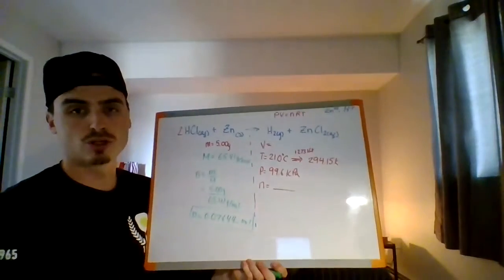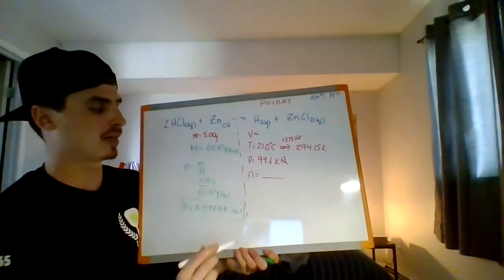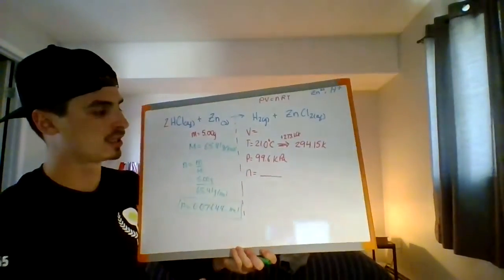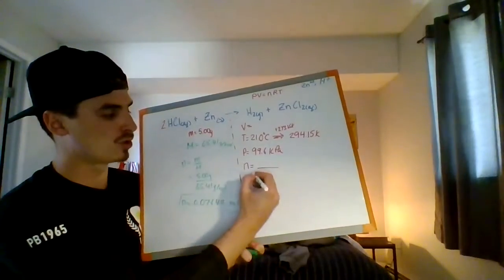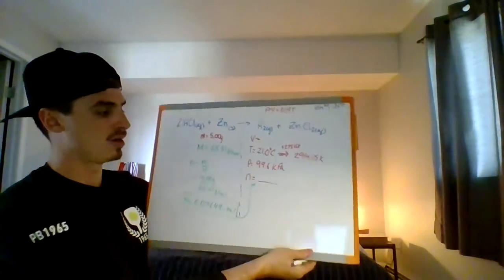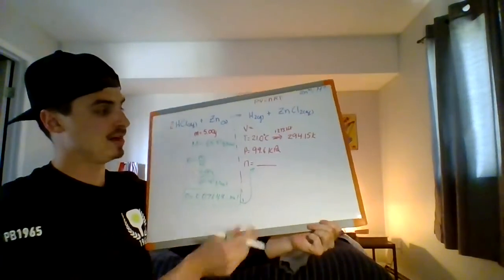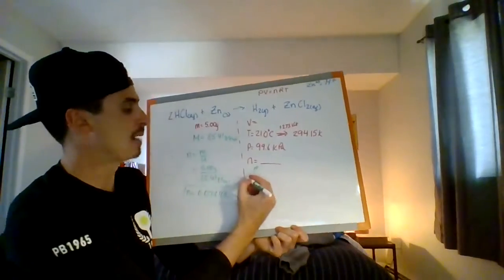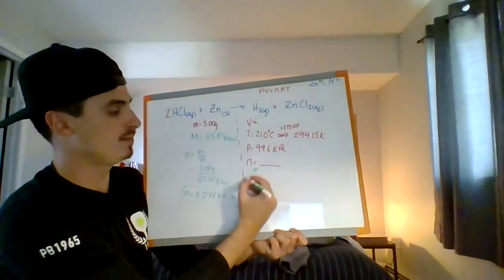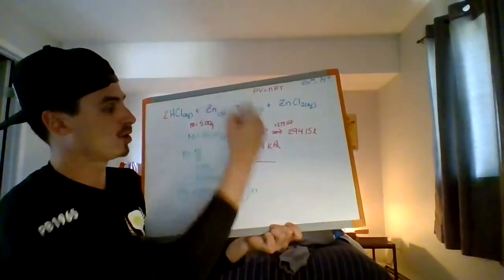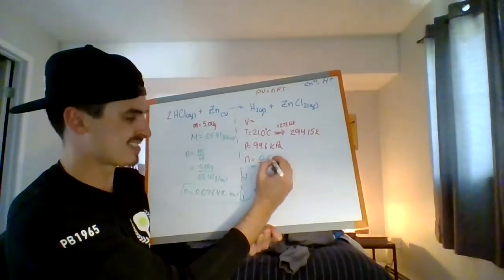2 conditions to ride the molar coaster. Balanced chemical equation, check. Moles of one thing, check. I can now ride the molar coaster over here to find out that mole, and then eventually find the volume. I'm going to divide by where I start, which is 1. And I'm going to multiply by where I'm going, which is 1. So the moles stays the same.